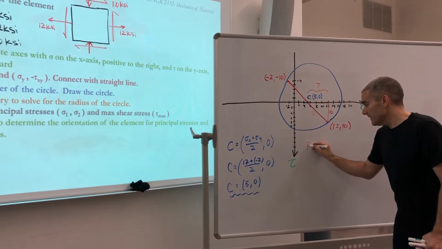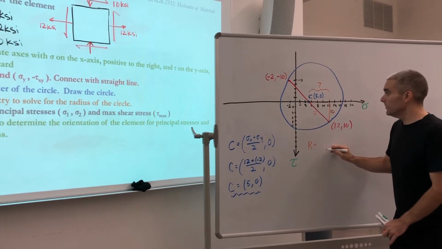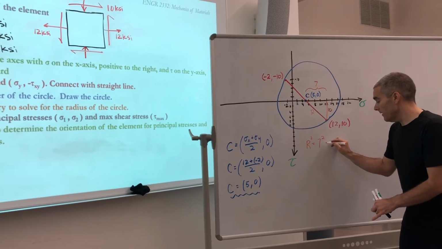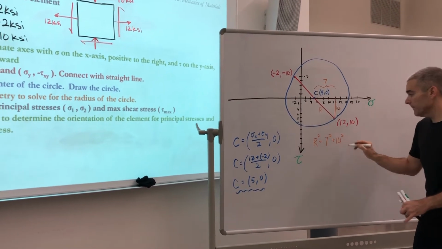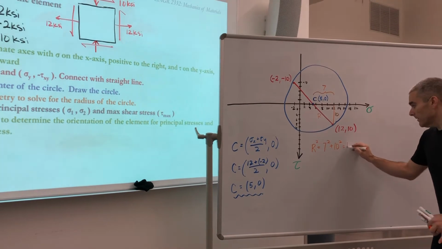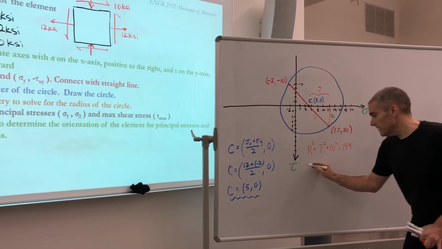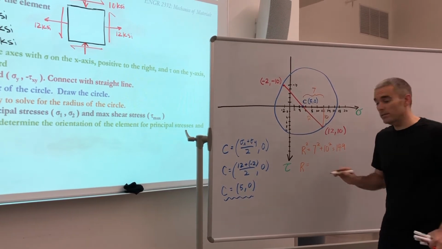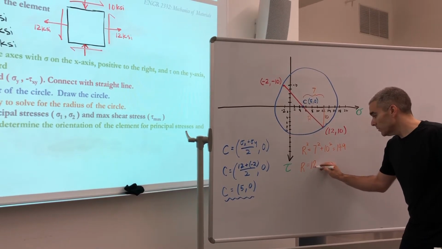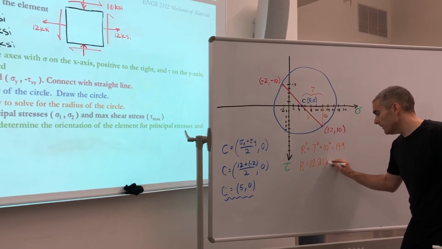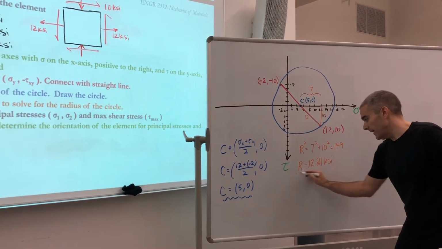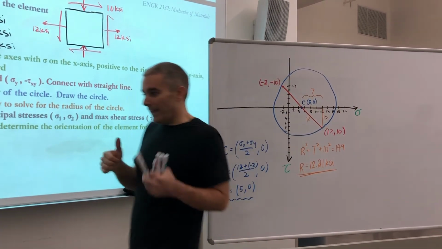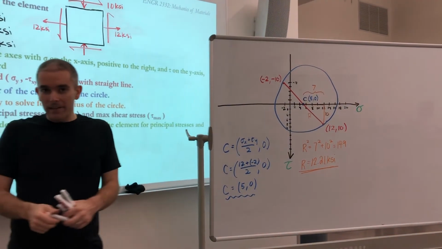So my radius squared equals 7 squared plus 10 squared. That is 149, so I'll take the square root. R is equal to about 12.21 KSI. All right, I think that works out pretty good.